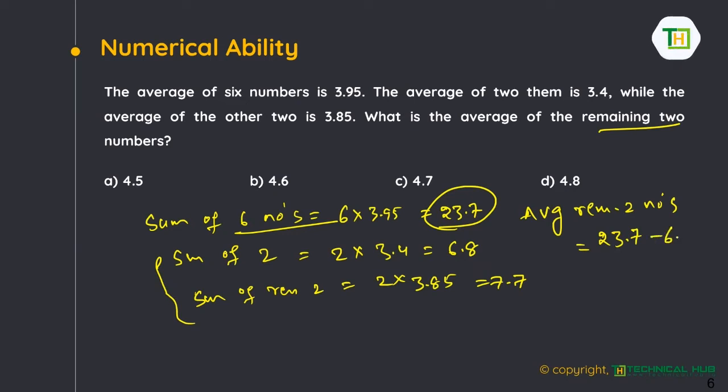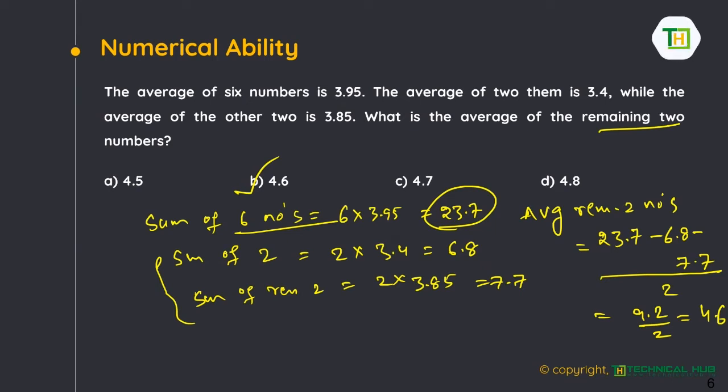From this, you need to subtract these two values, minus 6.8 minus 7.7. After subtraction, you will get 9.2 divided by 2, which is equal to 4.6, right? 4.6. Option B. That is the answer.